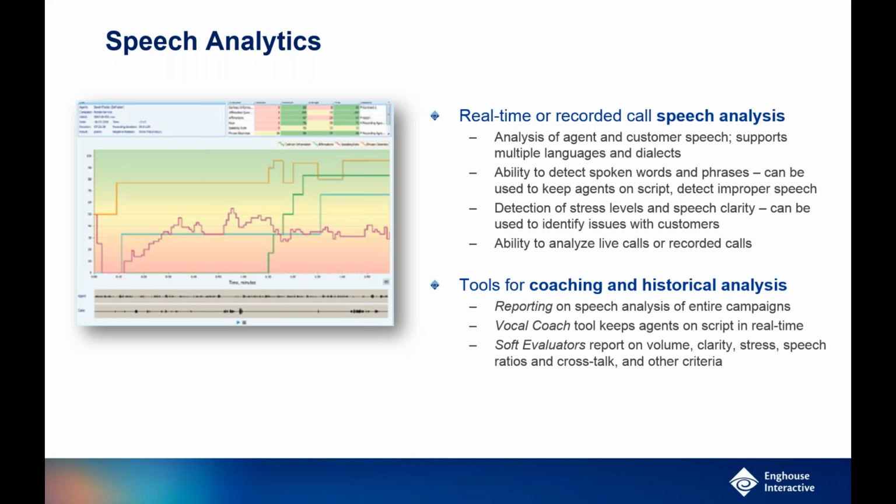Instead of having to take a random sampling of calls to evaluate, or just take a wild guess of which agent needs the most attention, maybe I can actually flag the interactions with speech analytics that I should be paying attention to, the ones where the customer's stress level was higher, or the ones where the crosstalk ratio was too high, or whatever it might be, and then go in and listen and evaluate those.